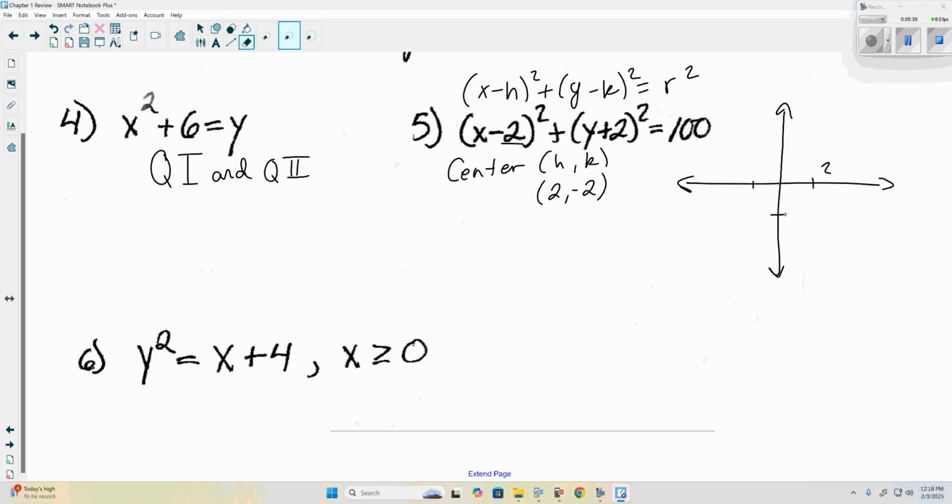So we have 2, negative 2. This point here is our center. Now our radius is going to be 10 because the radius squared is 100. So the radius itself would be 10. So that means 10 points from this here would be our circle. So 2, 8 is on the circle. Negative 2, 8 is also on the circle.